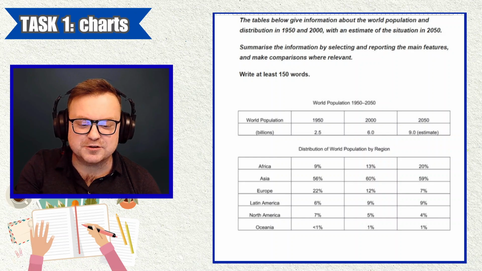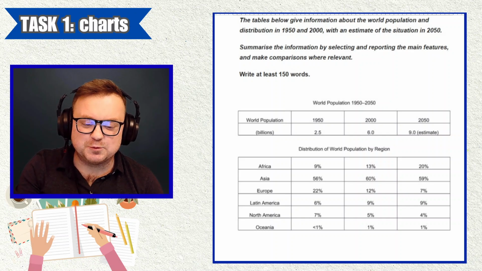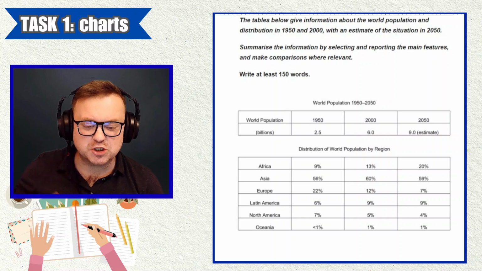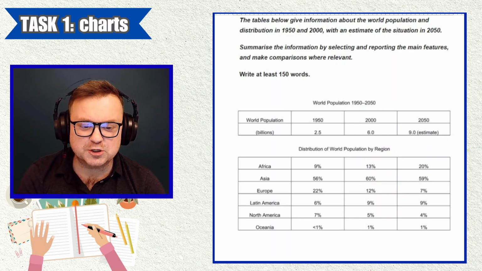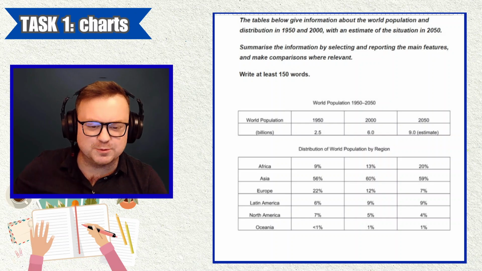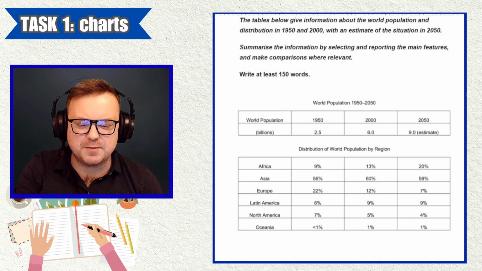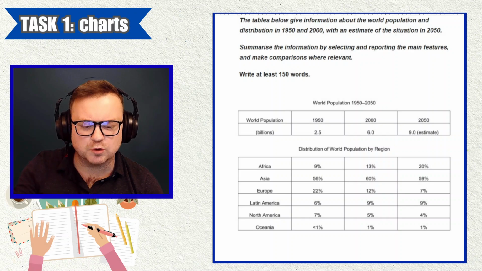In my experience of being an examiner of writing, examiners are generally paid per script or per writing that they check, and so they don't want to waste too much time reading through the information. But anyway, in this video, of course, we will spend as much time as we need. But keep in mind the examiner won't spend a long time looking at all of the information.